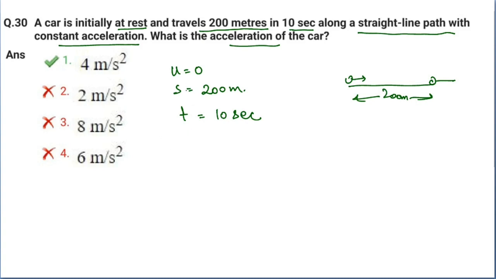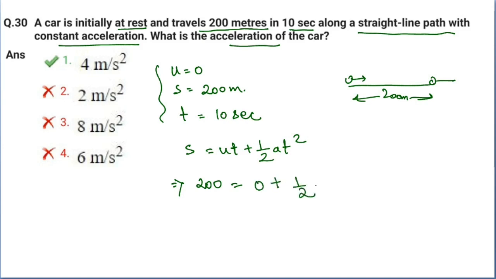So using all these three, if we use the equation of motion, that is s is equal to ut plus half at square, then we have the value of s, that is 200, u is 0, that means this first term is 0, half a, t square, t is 10 seconds, 10 into 10.